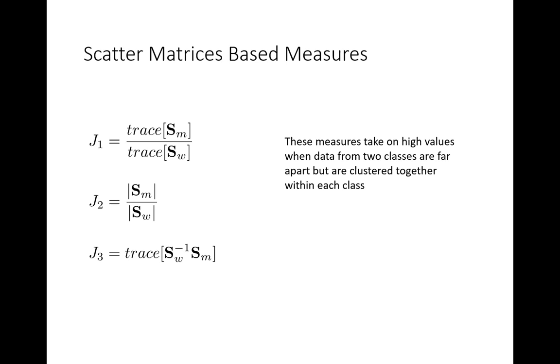These measures take on high values when data from two classes are far away and can be separated easily. If they don't take high values, it means there is a lot of overlap in the data from the two classes. So one can look at these numbers and get an idea whether a given subset of features is likely to give good results or not.